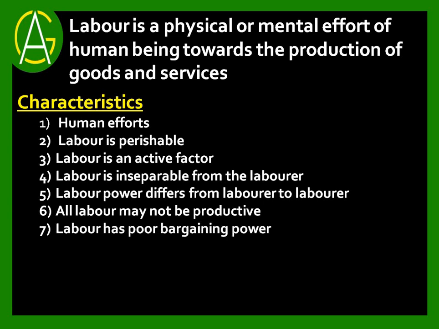Then labor has poor bargaining power. Friends, this is the characteristic of olden days. In ancient times, the laborers were not united, they did not have unity, and as a result they were exploited by the owners of the factory.